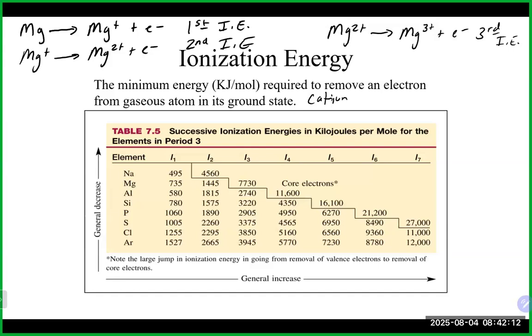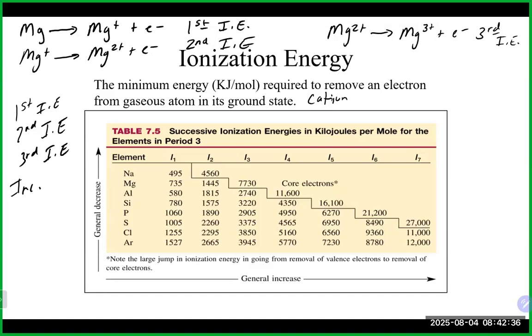Again, the more electrons that you lose, the harder it is to remove those electrons. So when we go from the first ionization energy to the second, to the third, and so forth, the ionization energy increases as you continuously lose an electron.